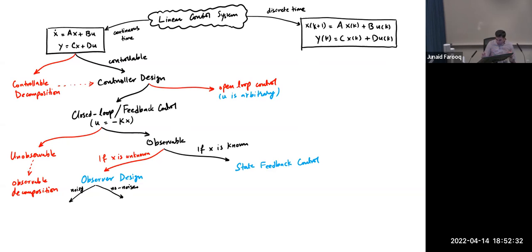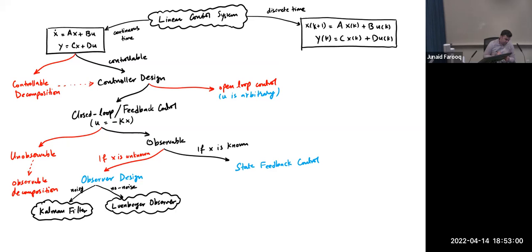If there's no noise, then you can simply design a Leuenberger observer. If the system has noise, then you have to go to a Kalman filter.